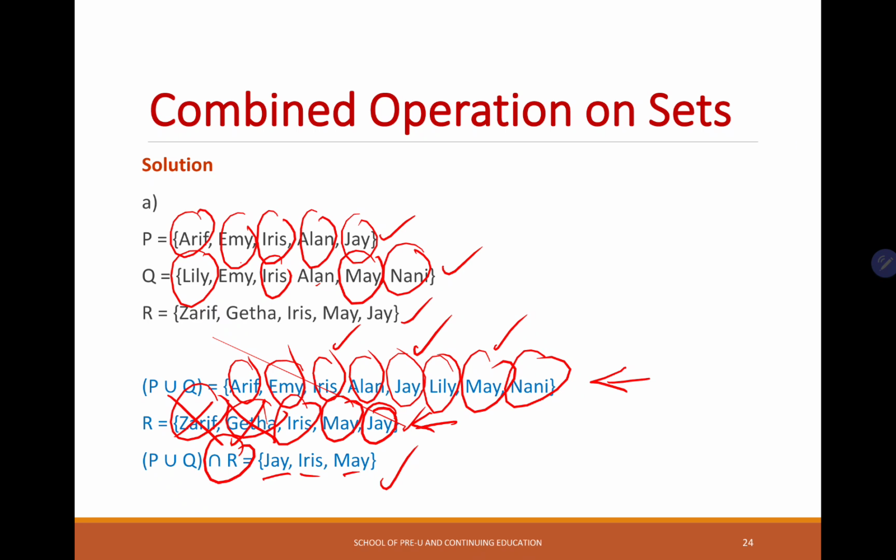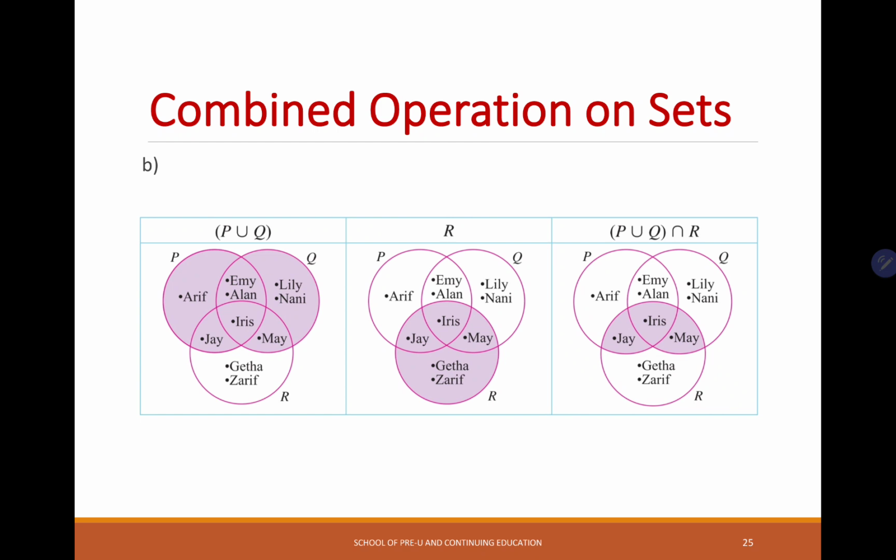Okay, the next one. Let's say we want to use combined operation and shade it. So P union with Q, shade everything combined. Then we want to know R. We have P, Q and R. First we find P union Q and then we find R. We just find the region that intersects with each other.